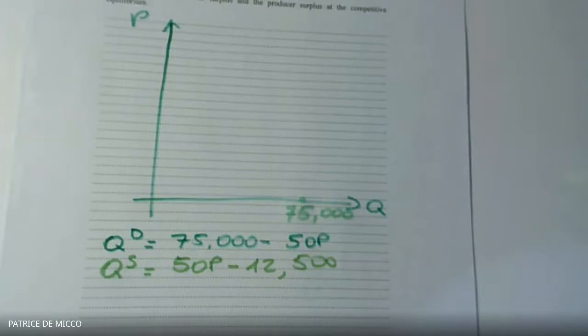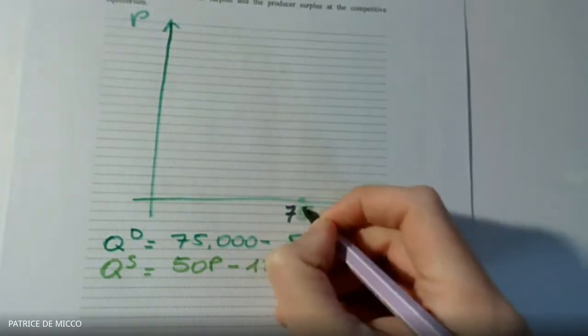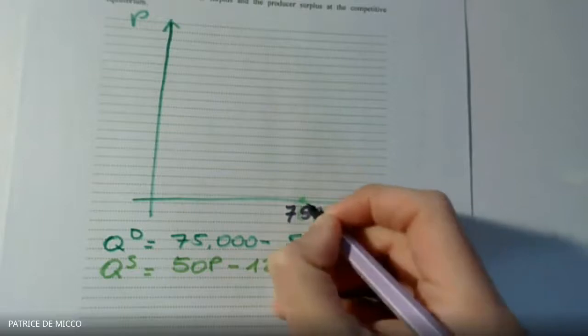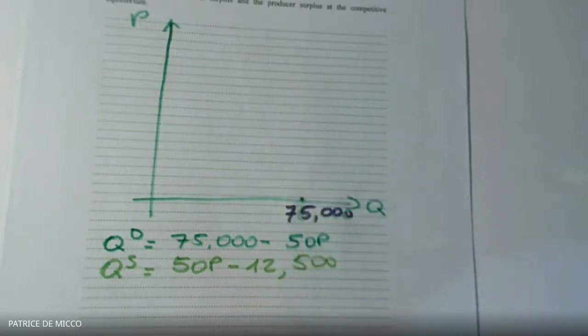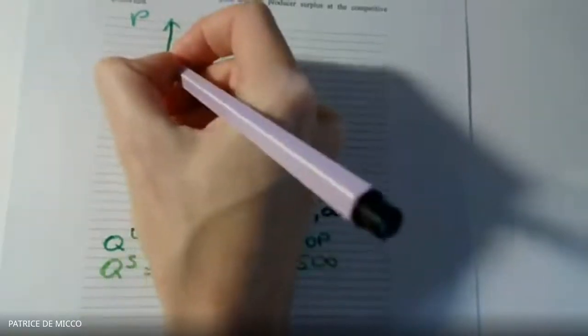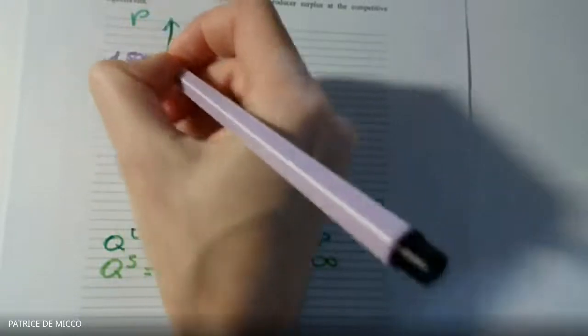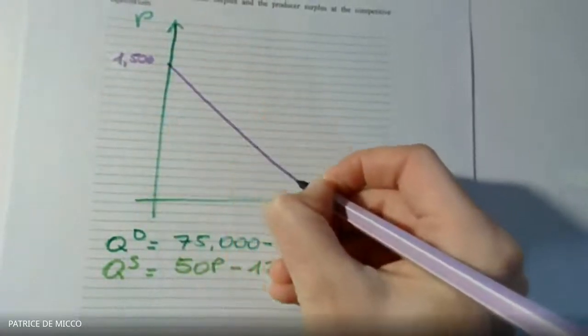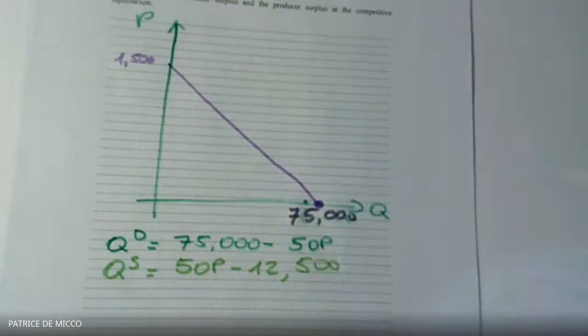Let me rewrite it using another color. Maybe it's more clear. 75,000. And the vertical one is 1,500.